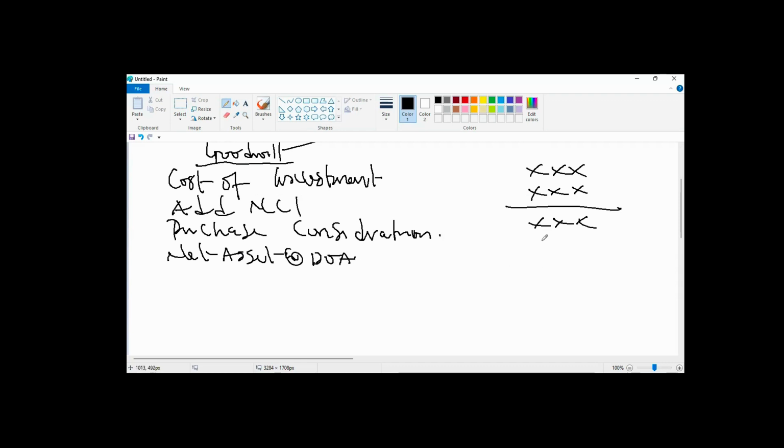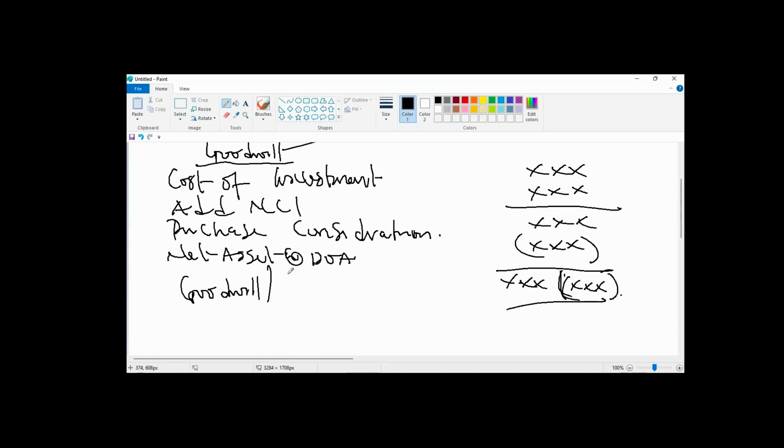Don't forget, goodwill happens at acquisition, and everything that goes there must be at acquisition. It's either giving me goodwill or a gain on purchase bargain, which is known as negative goodwill.